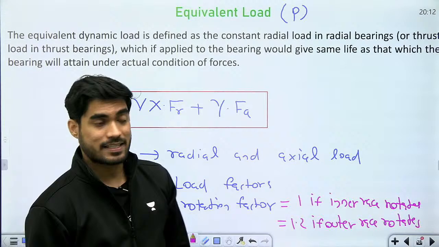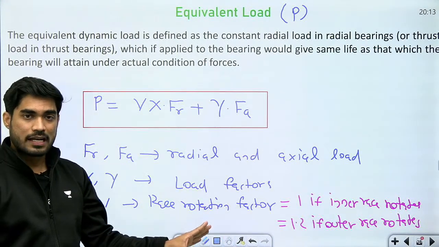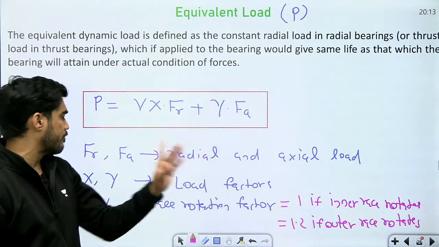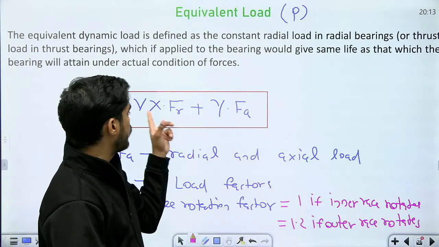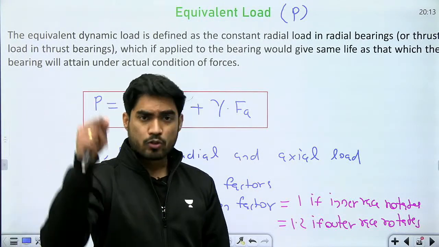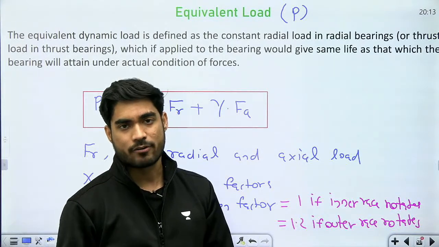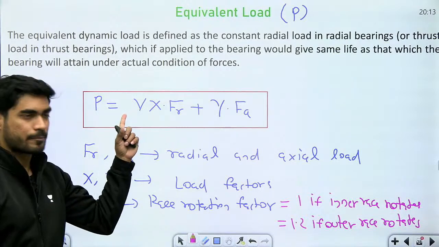So in that case, race rotation factor V becomes 1.2. Otherwise, usually its value will be 1 by default. If nothing is mentioned, then you will assume its value is 1. Otherwise, if it is mentioned in the question that outer race is rotating, inner race is stationary, then we will multiply 1.2 here.